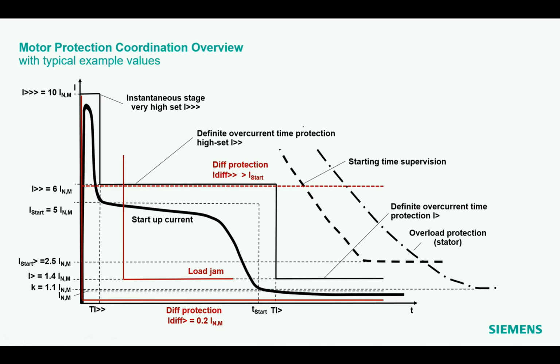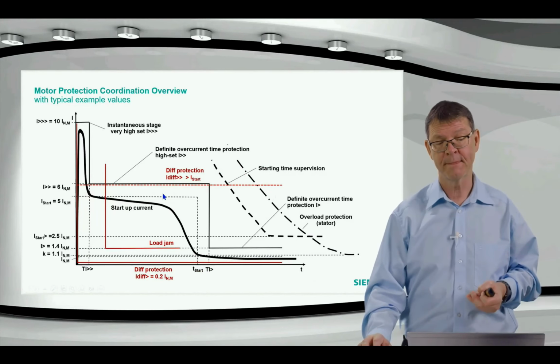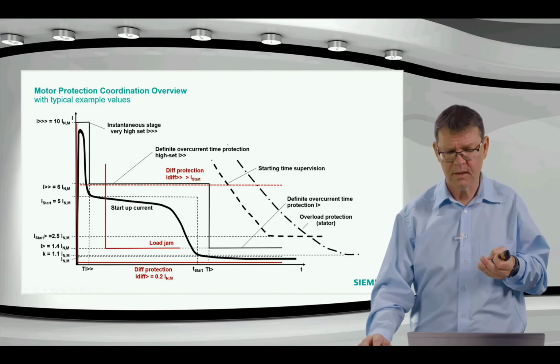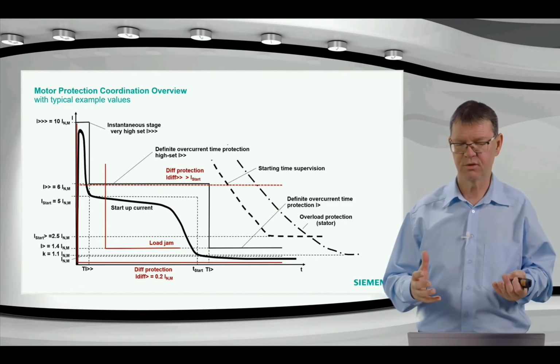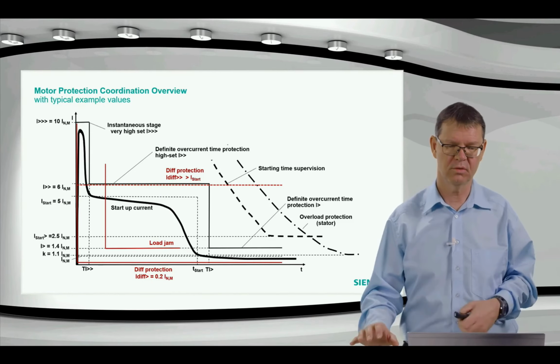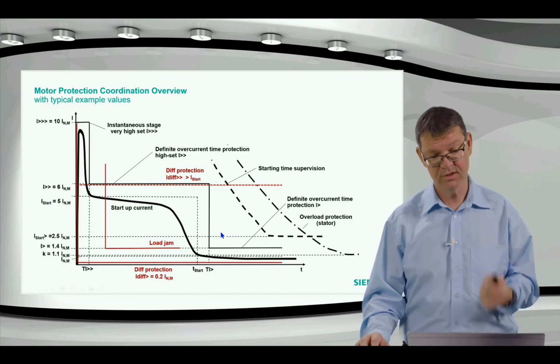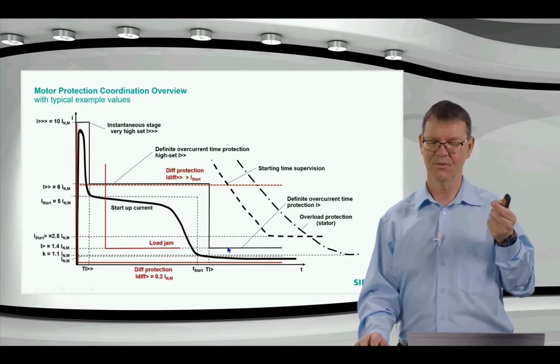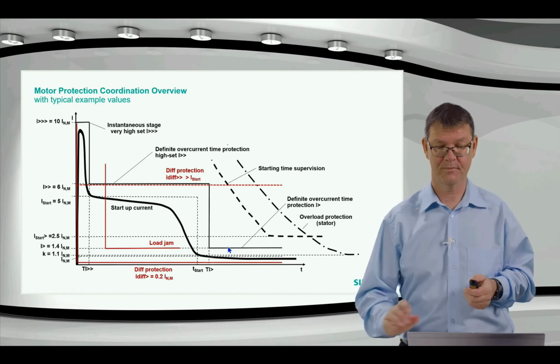And only when the motor is running, then we activate this load jam protection. Again, with a relatively short tripping time, that means if something happens, so either a fault with a small amplitude that we don't catch it with the other stage, or a load jam situation, then we can react on that in the range of seconds normally, then we can trip the motor, but we need to be sure that we are in the running state.